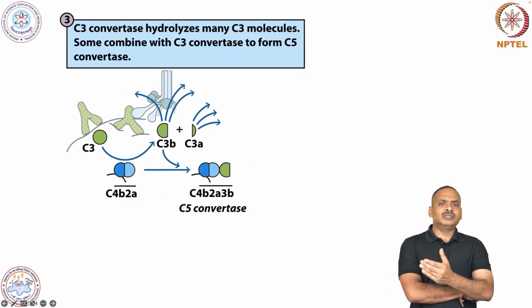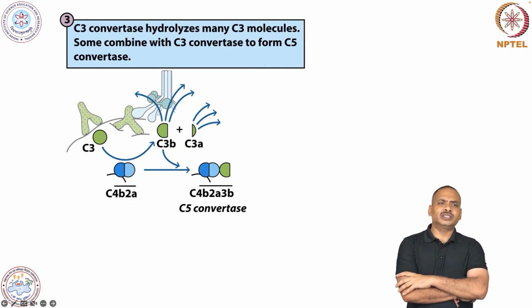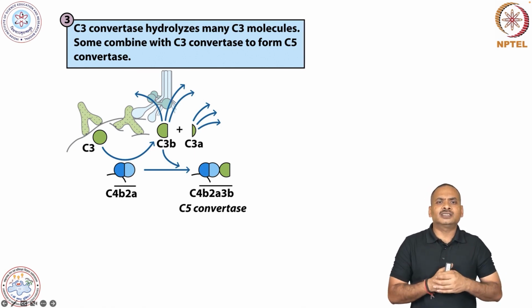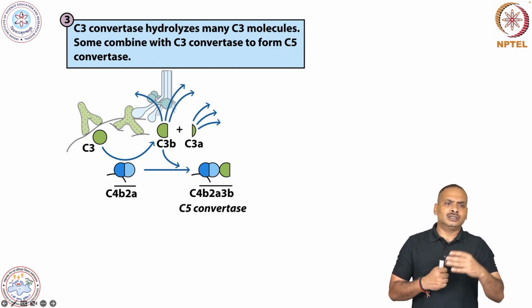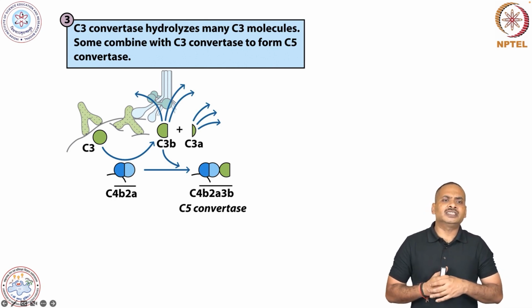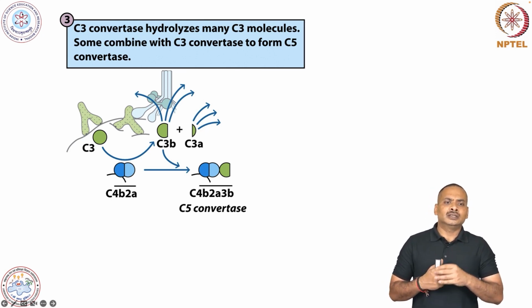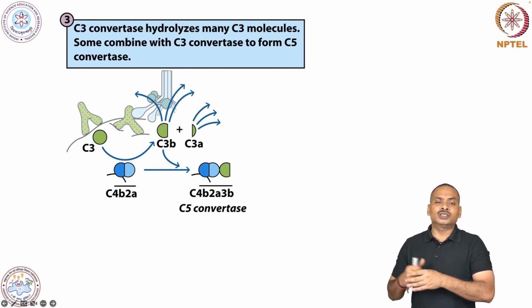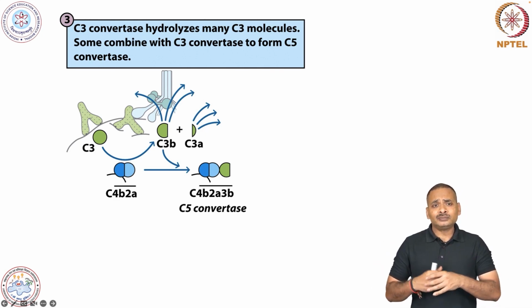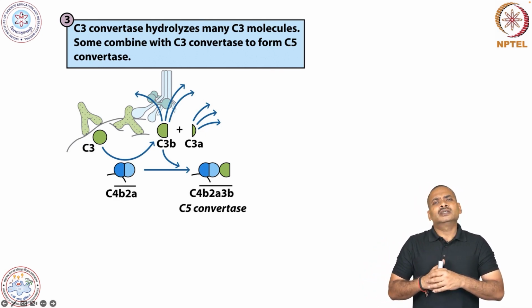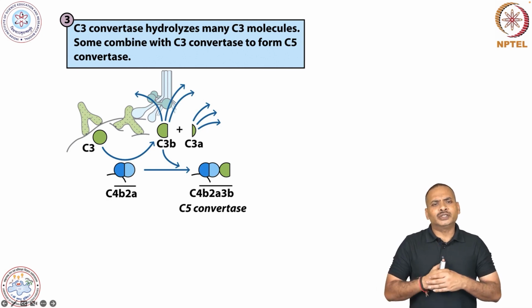The third step, which is quite clear, is that this C3 convertase, as I explained, hydrolyzes or breaks the C3 molecule, generating C3A and C3B, and C3B will be coated over the target microbe, and then it will be readily phagocytosed.